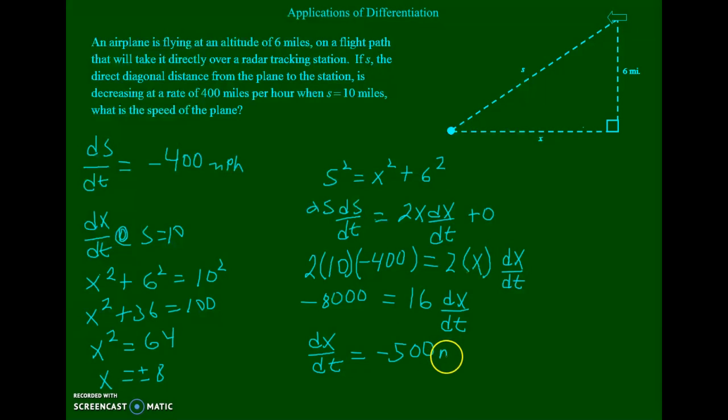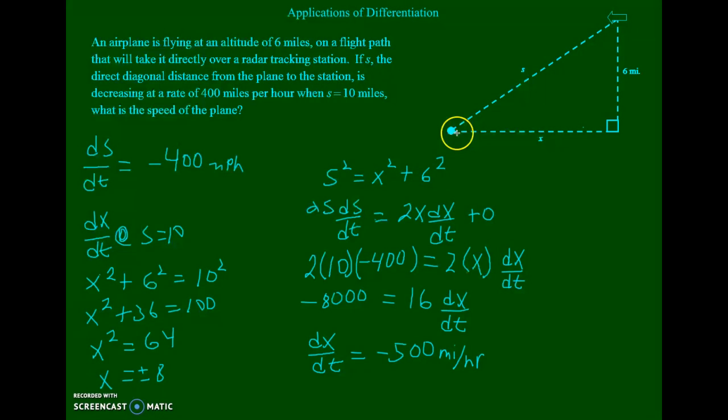And that's going to be miles per hour. So our interpretation of this result, the rate of change of x, this distance, per unit time is negative 500 miles an hour. That is, we're traveling this direction, negative 500 miles an hour.